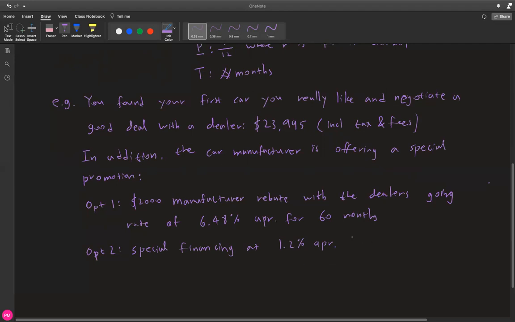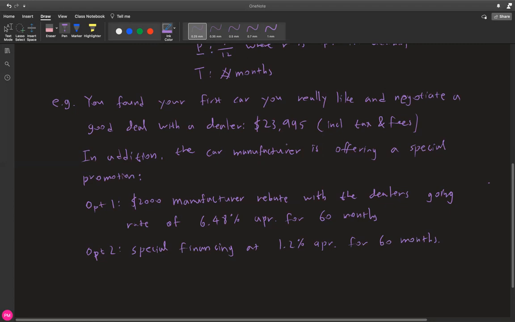This is also for 60 months. So you now have two different options. You're simply taking out a loan, with no down payment here. We're taking out all these extraneous factors just to show you the calculation.